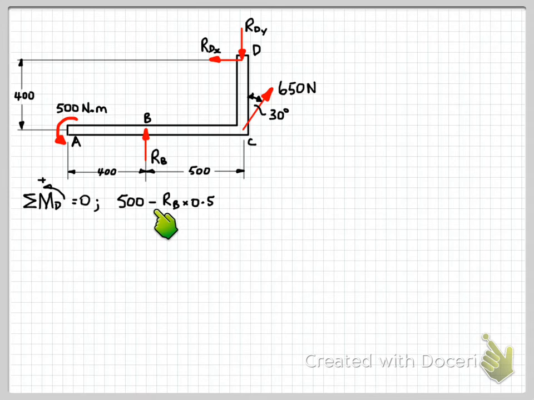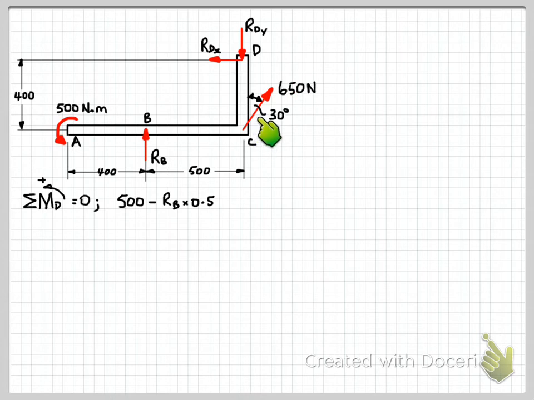The other thing to note here is the negative sign out the front. We're considering this force about point D, so point D is over here. That force pushing on this component will tend to rotate around clockwise about point D, so therefore it's negative.